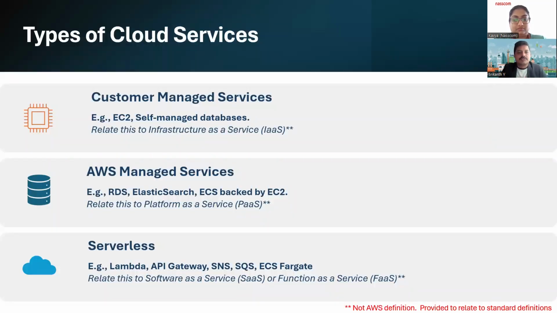I'll quickly talk about different cloud services, assuming that you would have explored a few of these in the past, but just keeping it very brief. There are three types of cloud services that you would see. One is customer managed services. These are EC2s, elastic compute services, basically the boxes that you get, right?